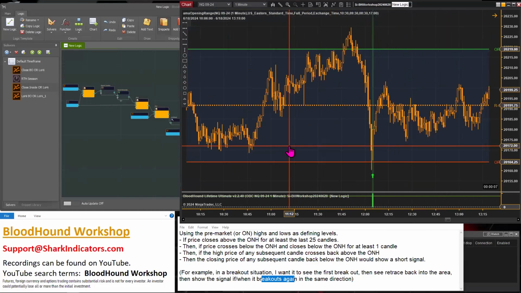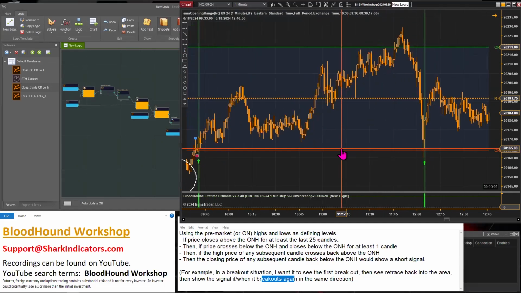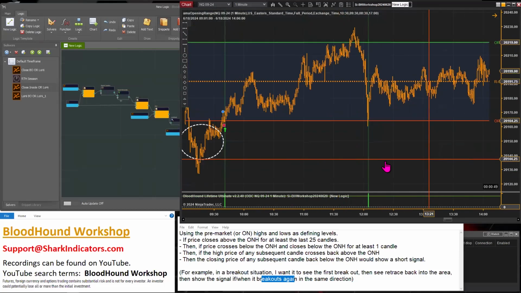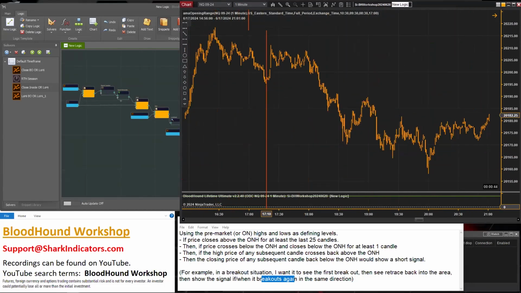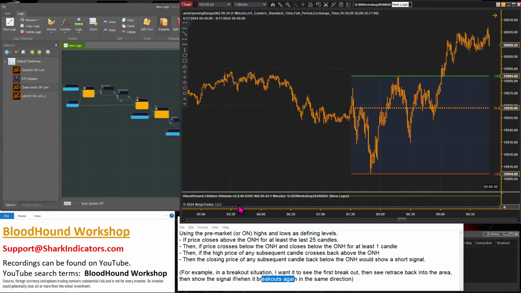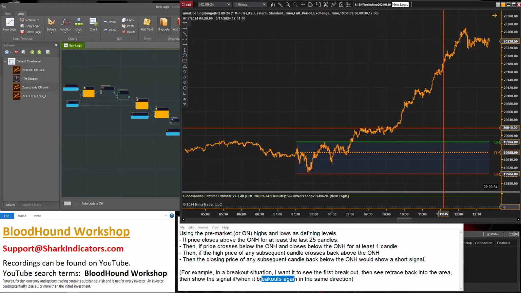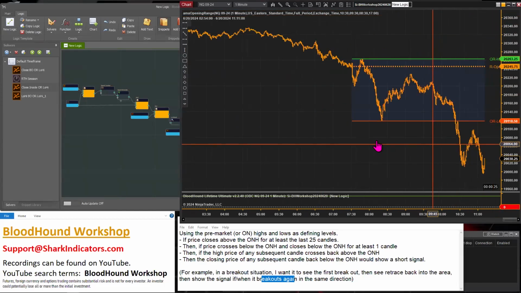Let's see here. That day does not have a double breakout, so let's see if we have one here. No, we don't. This was just the market taking off. Let's see what we have today.